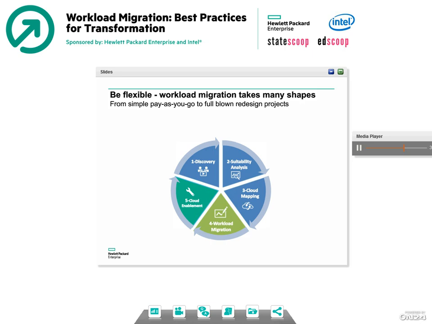And we see a lot of that, and what we try to focus on is the need for flexibility. Because as you saw in the great details that John was able to share about how workloads can be moved from place to place, and all the different sensitivities around security and automation and making sure that the workload can remain in an online status, even while migration work is taking place.